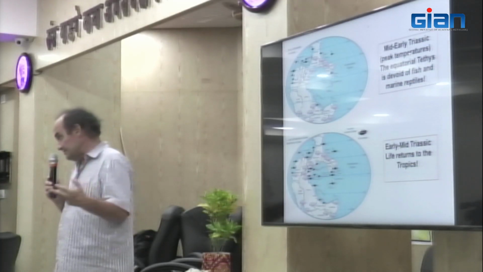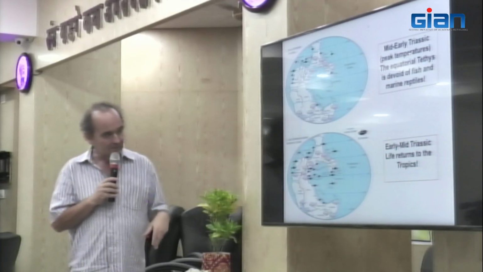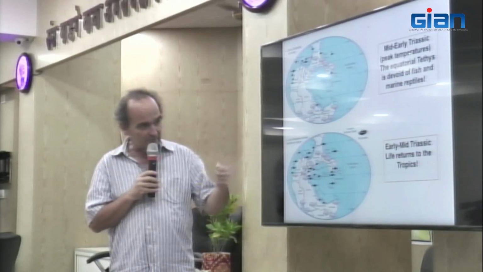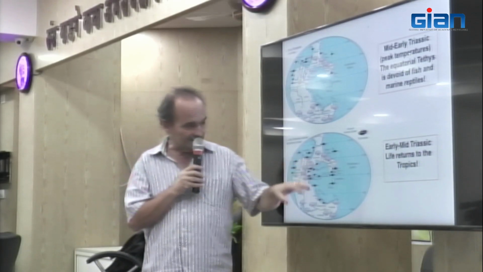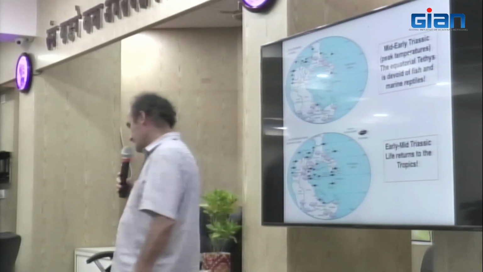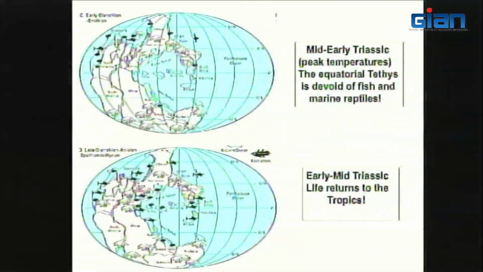You don't have any more coal. And on top of that, you get the volcanism, which will accelerate things. And after, due to this volcanism, you have such hot temperature in the ocean that you have all this kind of migration, which may explain why the recovery was so long.